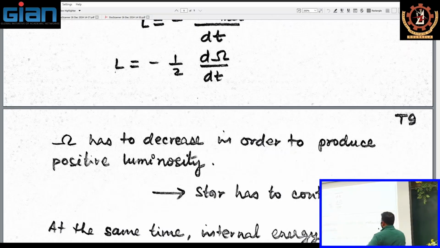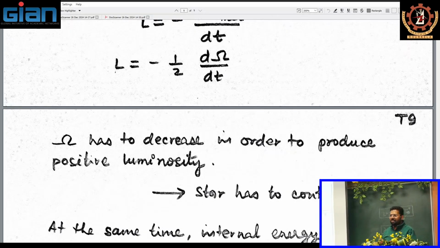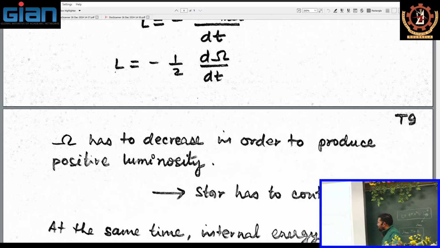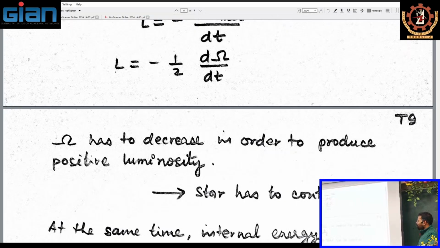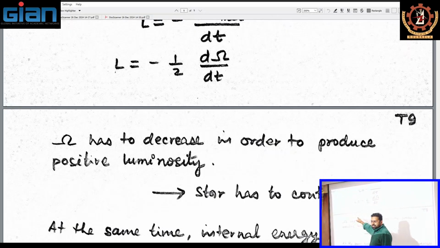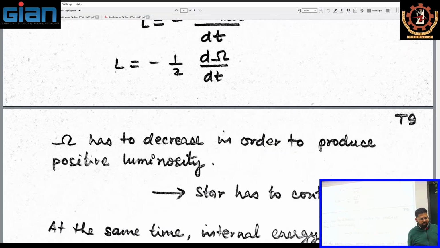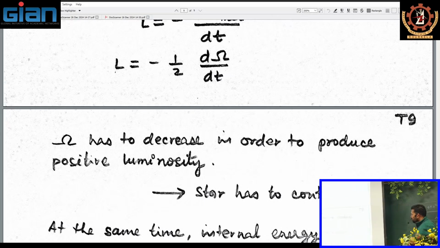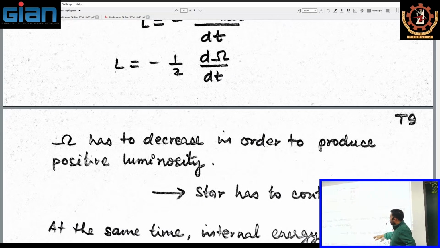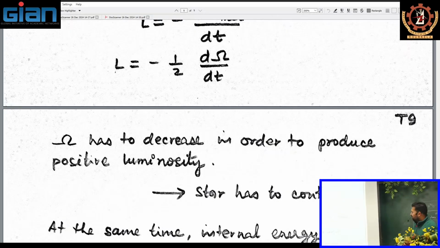I have already revealed the argument: omega has to decrease in order to produce positive luminosity. You see the expression here. What does that mean? The star has to contract if you would like to have positive luminosity. You can state it in that way as well.